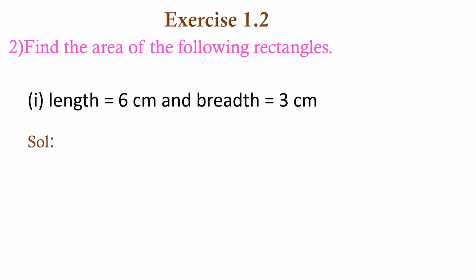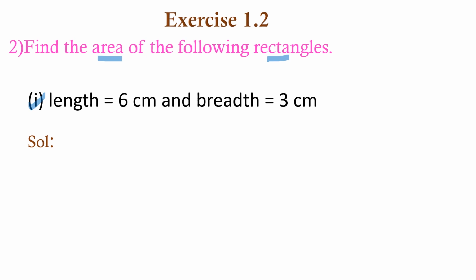Second sum, find the area of the following rectangles. See here, in this section, they gave the length and breadth of the rectangle and we have to find out the area of that rectangle. So first one is length of rectangle equal to 6 centimeter and the breadth of rectangle equal to 3 centimeter. Then what is its area?